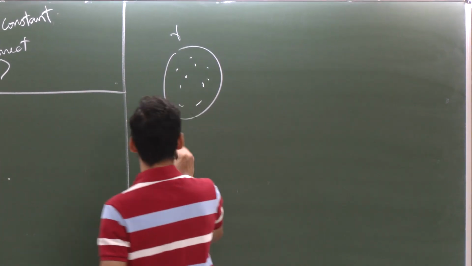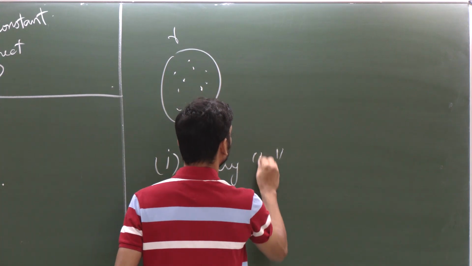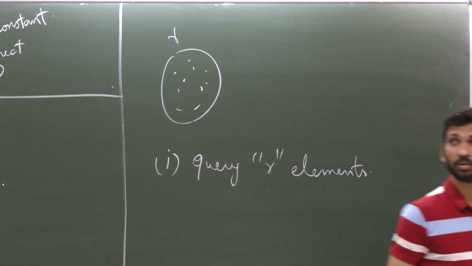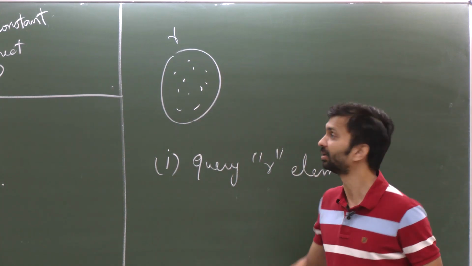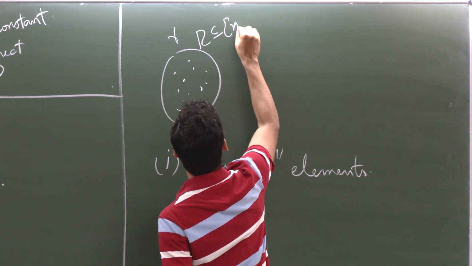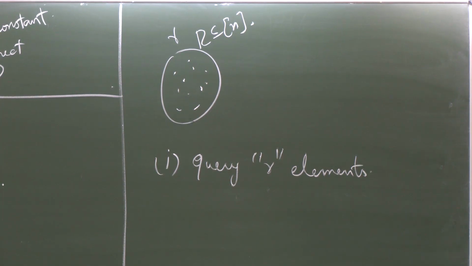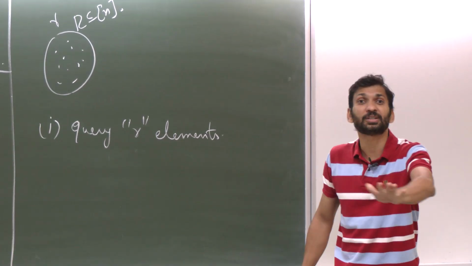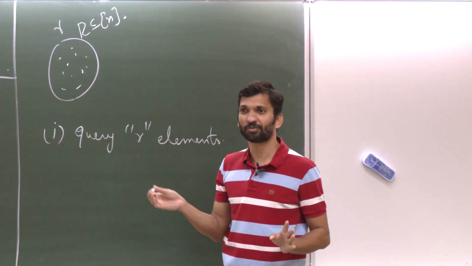Okay. So my first step is, I pick a random subset R. R is a subset of 1 to n. These are R positions, small r positions. I am going to query everything. So I can clearly check if there is a collision here because I have all the values.